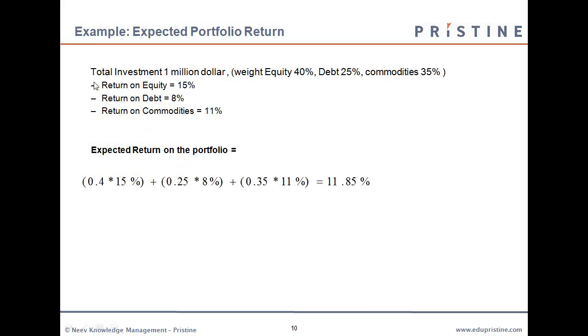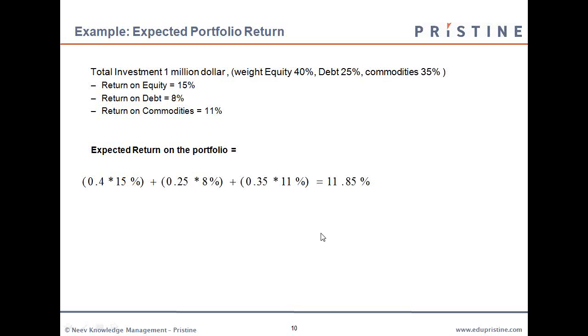But it is less than the return that you would have got by investing only in equity. Some of you might think, why will we invest in this portfolio if it is giving us lesser return than what we would have got if we invested only in equities?